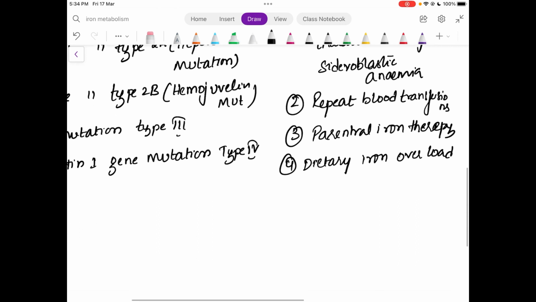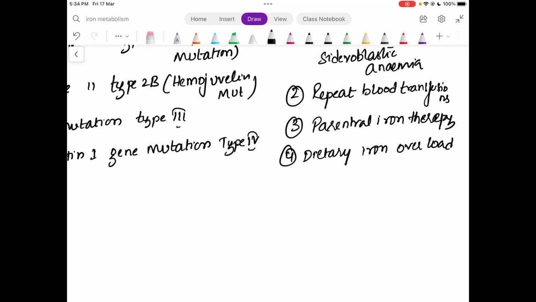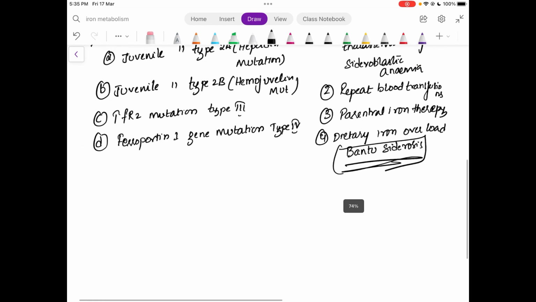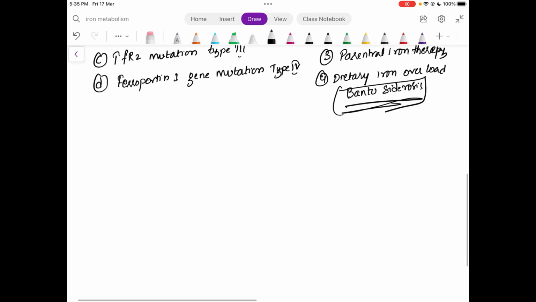In African countries, they cook food in iron utensils, and this can cause increased iron absorption, and this is called Bantu siderosis. In African tribal areas, you will see Bantu siderosis, where they cook food in iron utensils.